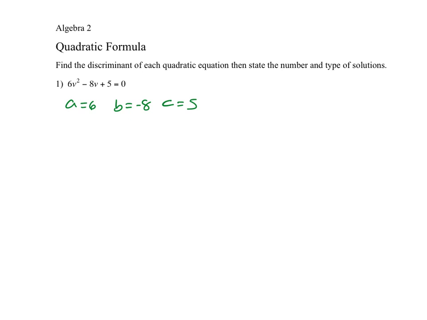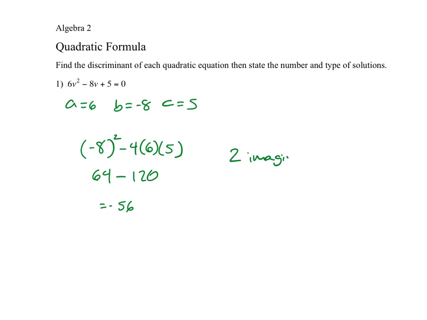So I'm just using the discriminant: b squared, so negative 8 squared, minus 4 times 6 times 5. So 8 squared equals 64 minus 120, which equals negative 56. So that means that this is going to have two imaginary solutions.